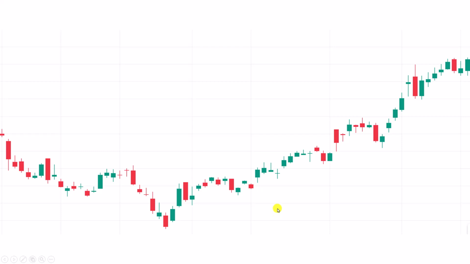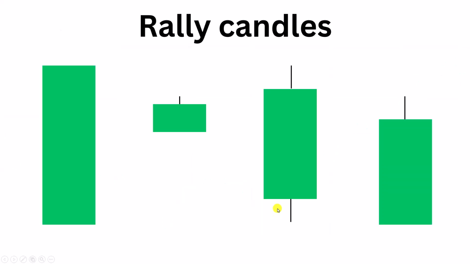Okay? Here, in this price action technique, we have only three types of candles, and out of that, the first one is rally candle. Rally candles are of green color, and the way we recognize a rally candle is if the body is substantially bigger than the wicks.